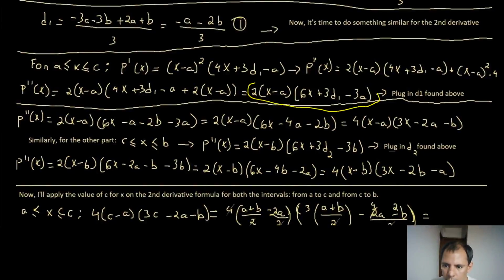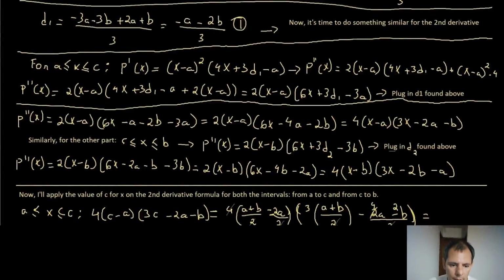It's this one. And you have to plug in d1 because this P2 depends on d1. But now we know what d1 is. It's minus a minus 2b divided by 3. So you plug that in here. After plugging it in, you have this thing. You can see that now it's 4 times x minus a times 3x minus 2a minus b. d1 doesn't even show up in here anymore.